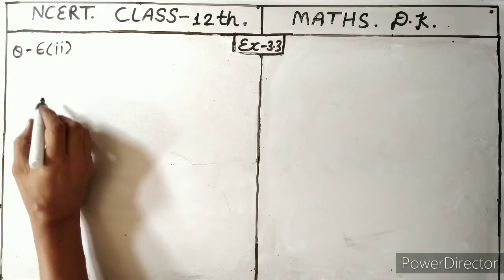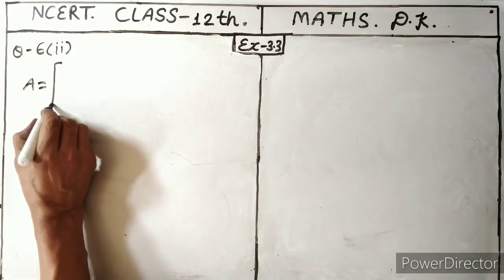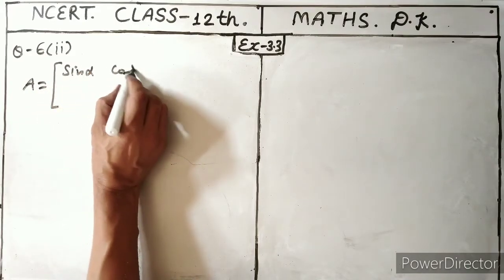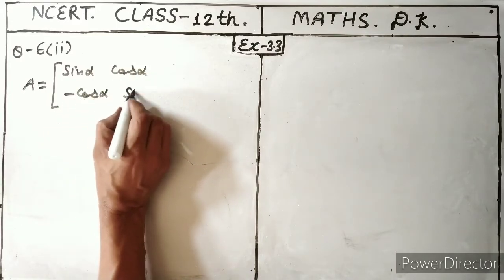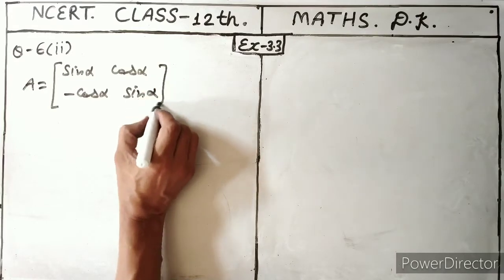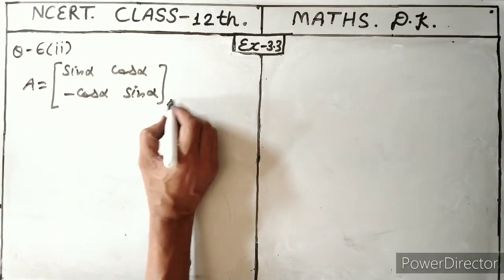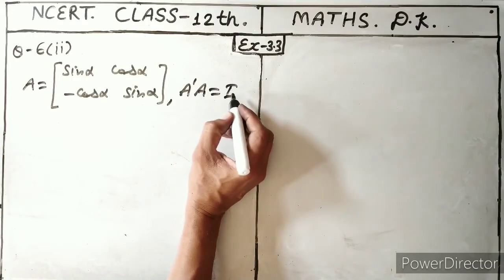In second part we have A: sin alpha cos alpha minus cos alpha sin alpha. This is A, and we verify A transpose and A equals identity matrix.